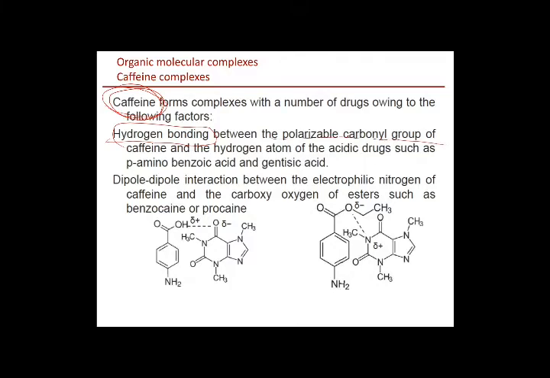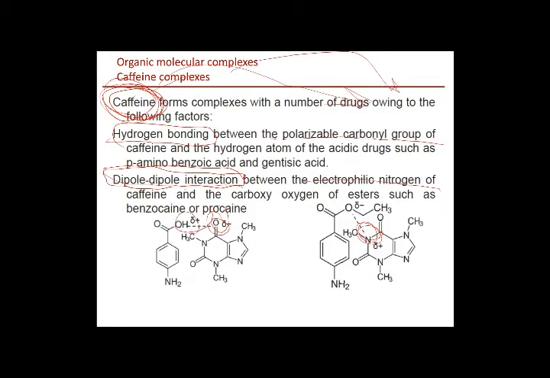Hydrogen bonding can be formed between the polarizable carbonyl group of caffeine and the hydrogen atom of the acidic drugs, or dipole-dipole interaction, which we have talked about in first semester, between the electrophilic nitrogen of caffeine and carboxy oxygen of esters like benzocaine and procaine.